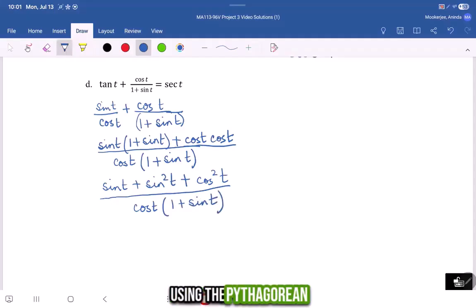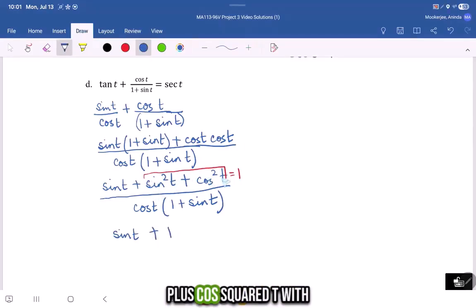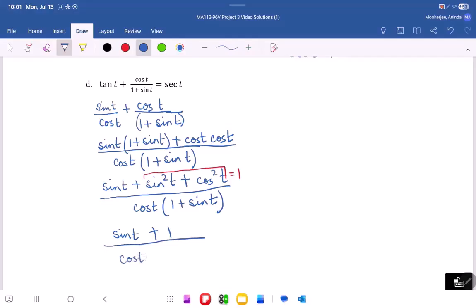Now, using the Pythagorean identity, sine squared t plus cos squared t equals 1, correct? This entire expression can be replaced by 1. Therefore, we end up with sine t plus 1, and then in the denominator we have cos t times 1 plus sine t.